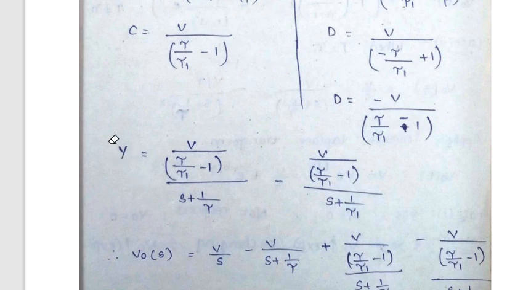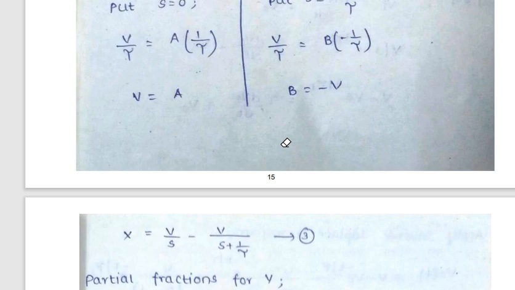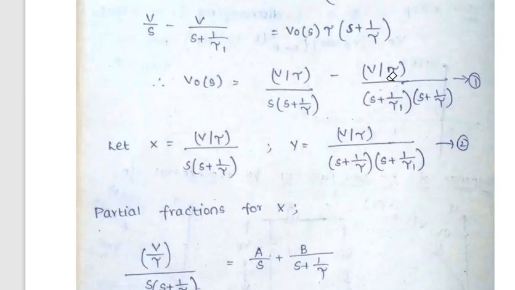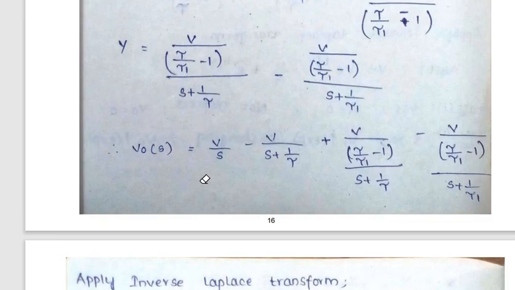Now, substitute the values of x and y into this expression. Therefore, it can be written as V naught of s is equal to V by s minus V by s plus 1 by tau plus V by tau 1 minus 1 whole by s plus 1 by tau minus V by tau 1 minus 1 whole by s plus 1 by tau 1.